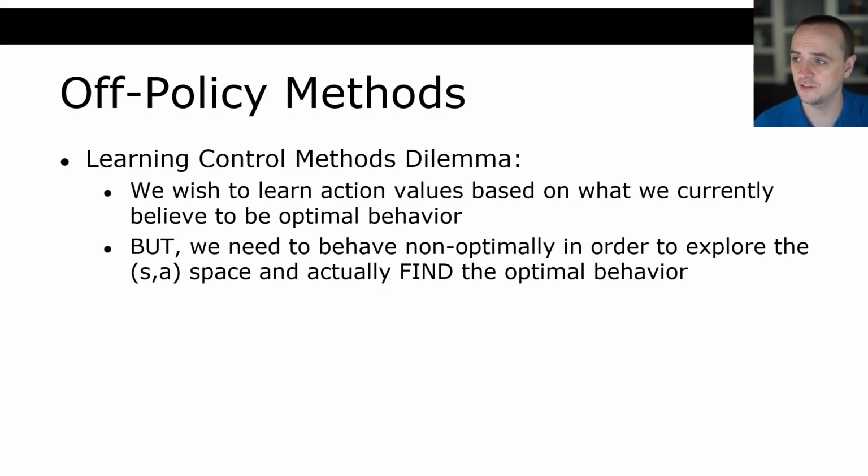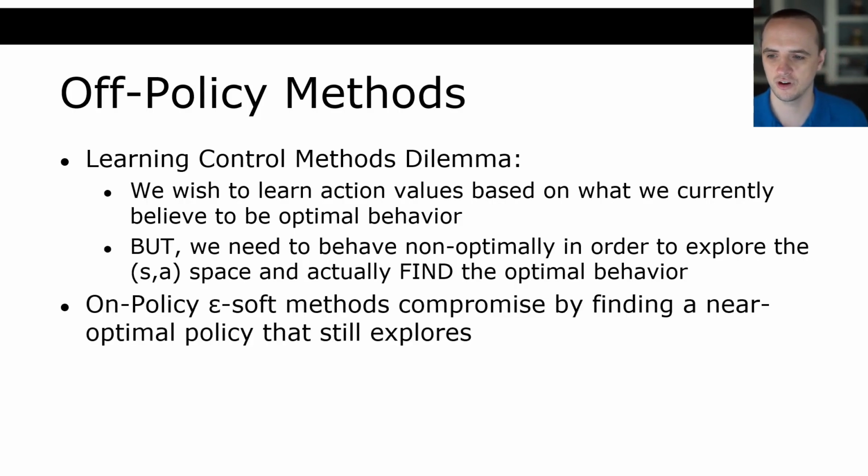So this is exploration versus exploitation, right? I want to behave optimally, but I have to behave non-optimally in order to know what the optimal thing is. That's the dilemma. So on-policy, epsilon soft methods are a compromise between this because they find a near optimal policy that still explores.